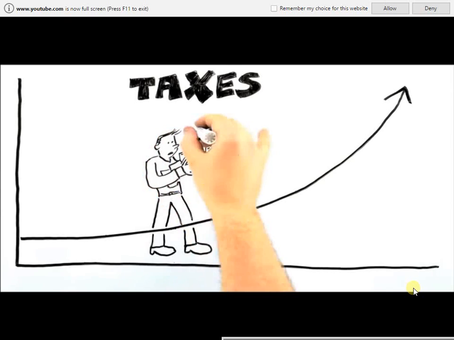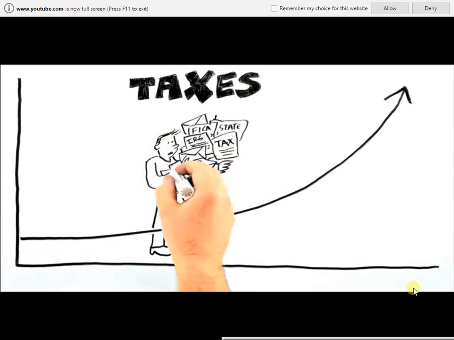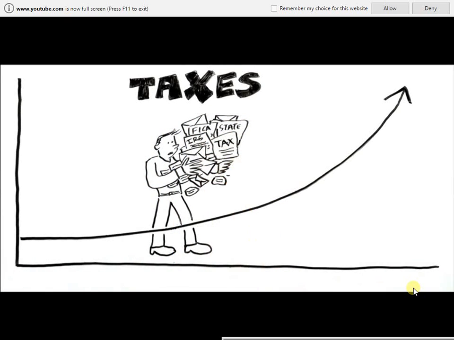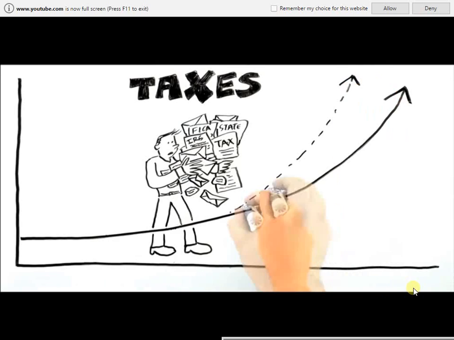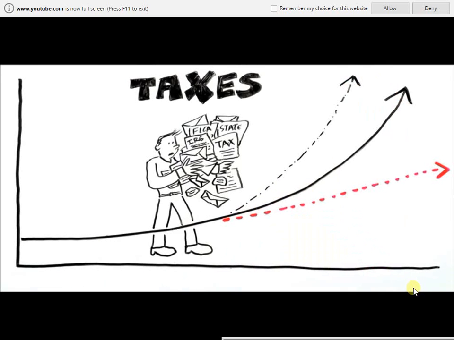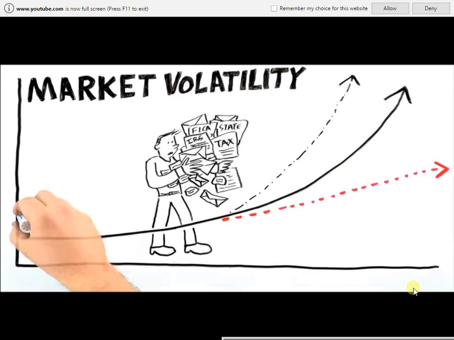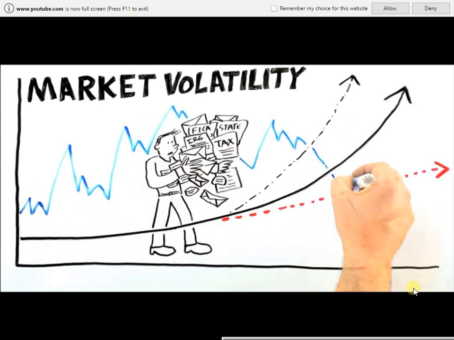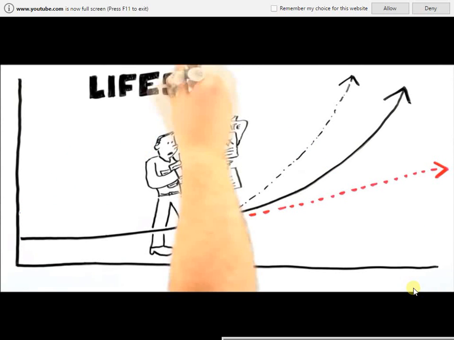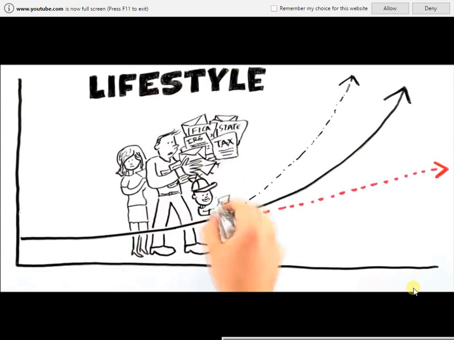Fees, bank fees, surcharges, investment fees, transaction costs, commissions, surrender charges, hidden expenses, interest costs on credit cards and mortgages and student loans and car loans. Market volatility creating this average versus actual return gap. Insurance costs, car, homeowners, disability, health insurance, life insurance, insurance losses above coverage limits, lifestyle, and our inability to keep it in check for some.